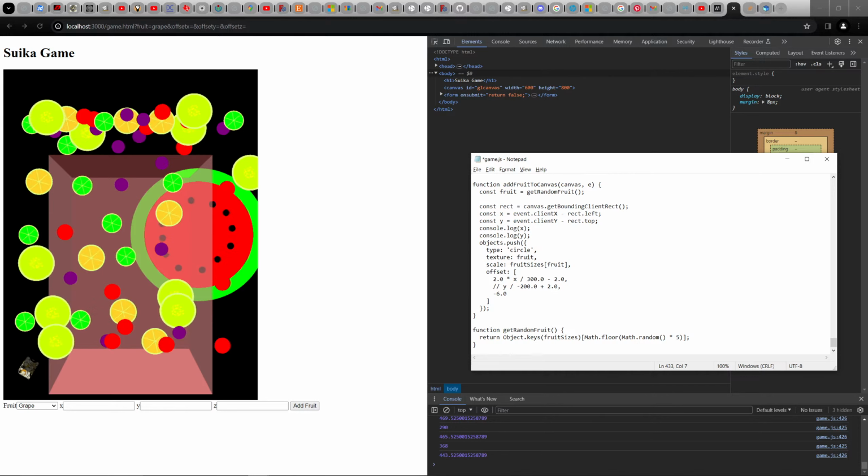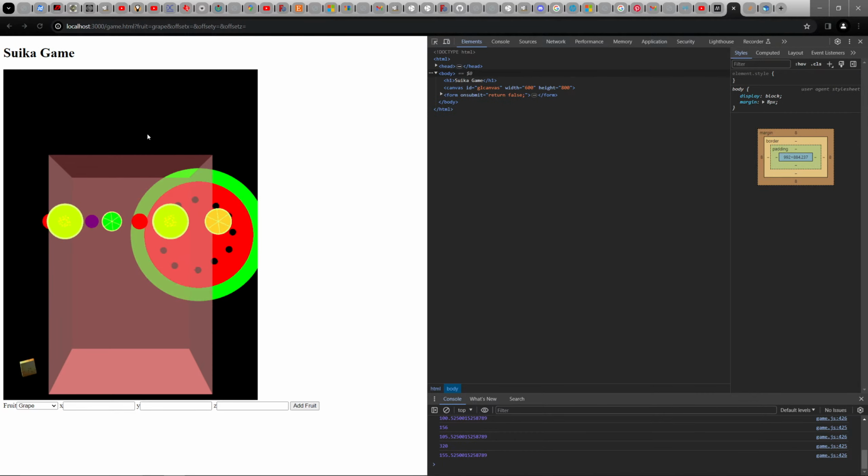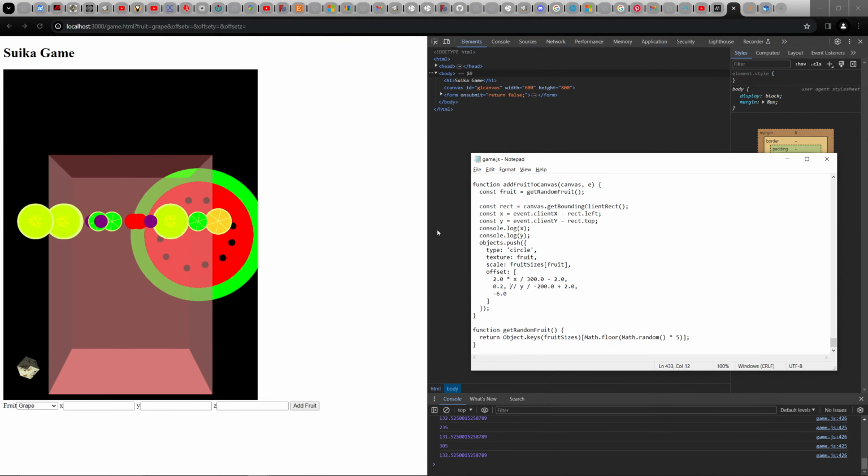But instead of 0, which would cut off half the fruit because it would clip at the top, let's do 0.1 or 0.2. How about that? Now let's try. Oh, okay, my bad. Yeah, but you can see it's more like 1.8.